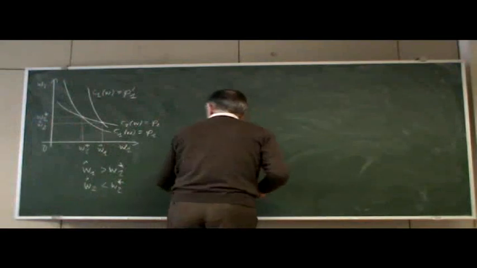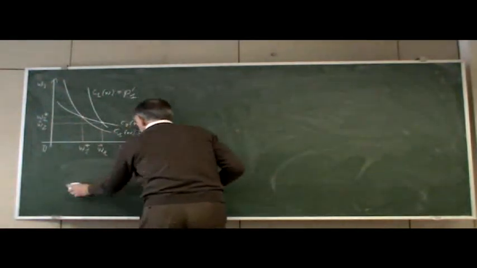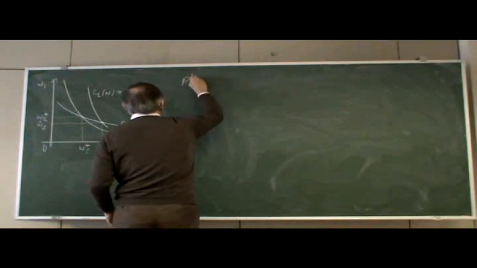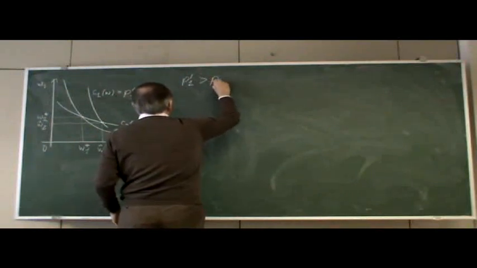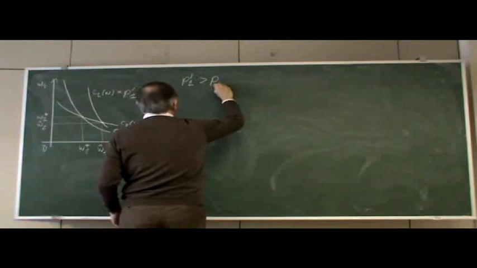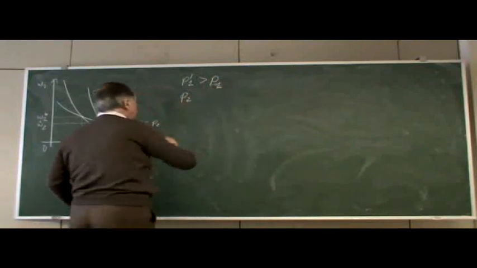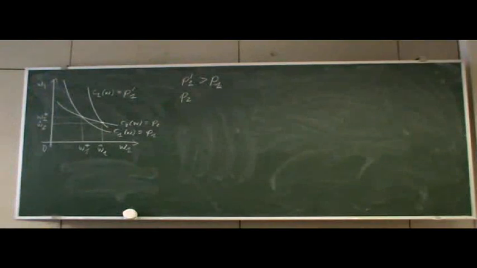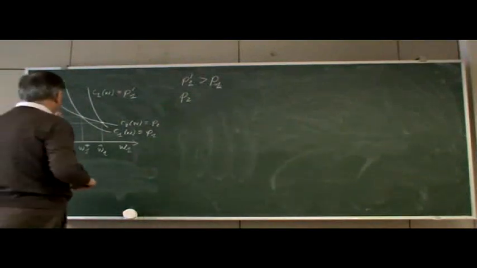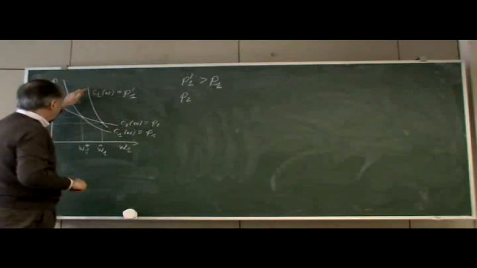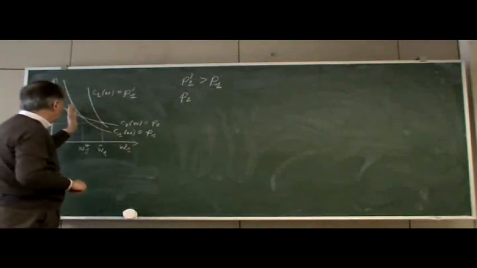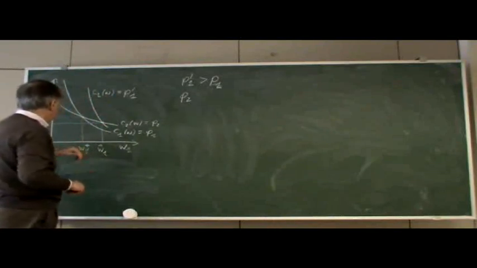When the price of one of the goods increases, for example, the price of good one increases while the price of good two remains unchanged, it is obvious that the isocost curve of the first firm must move towards the right.